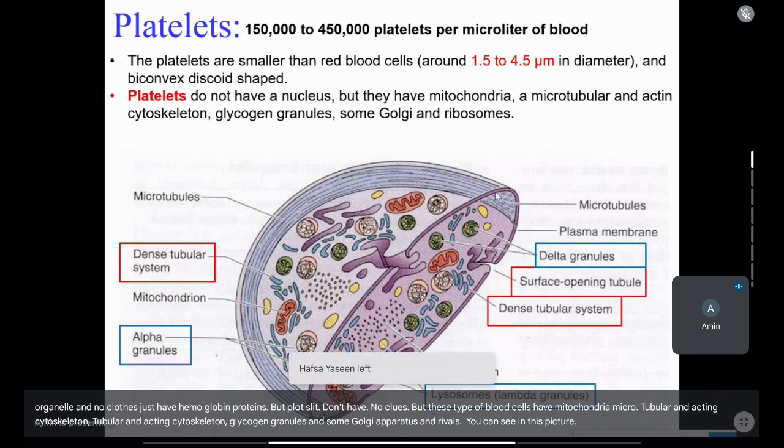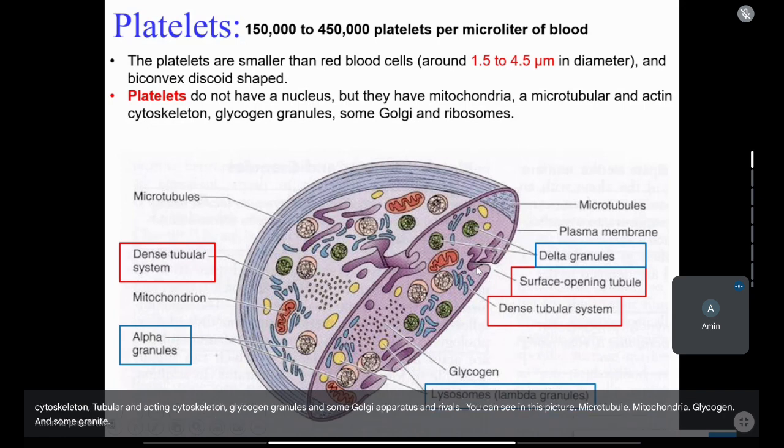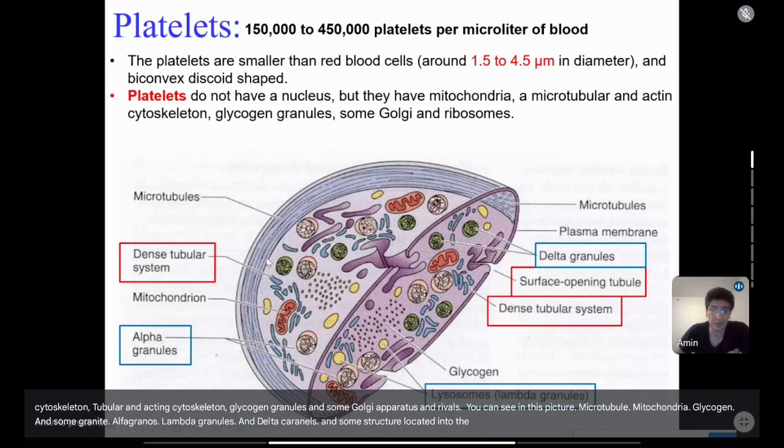microtubule, mitochondria, glycogen, and some granules: alpha granules, lambda granules, and delta granules, and some structures located on the surface or the central part of the platelet.